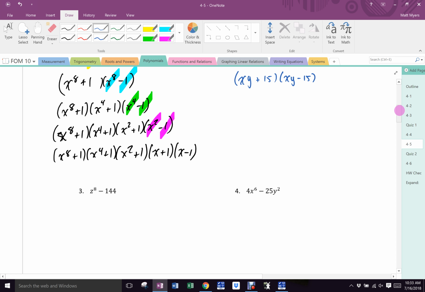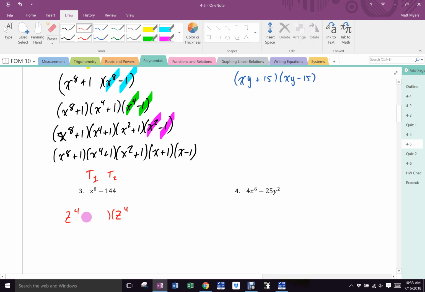Let's try 3. Is term 1 a perfect square? Can I split 8 z's into 2 equal groups? Yeah, how? 4. So it's z to the 4th and z to the 4th. Is term 2 a perfect square?